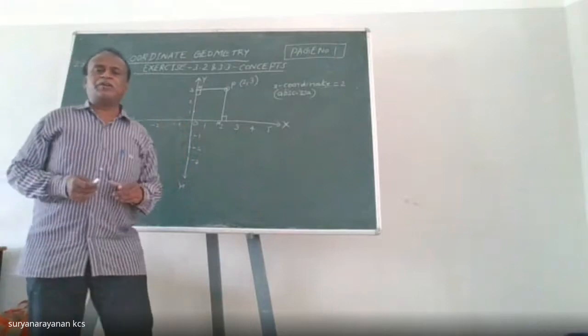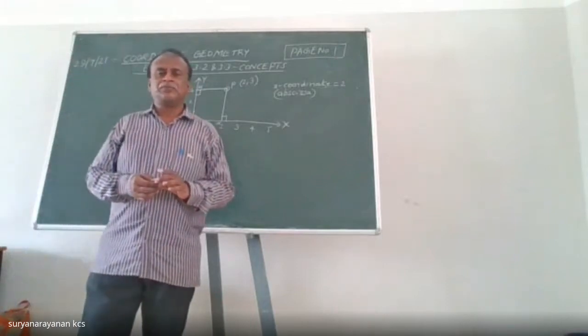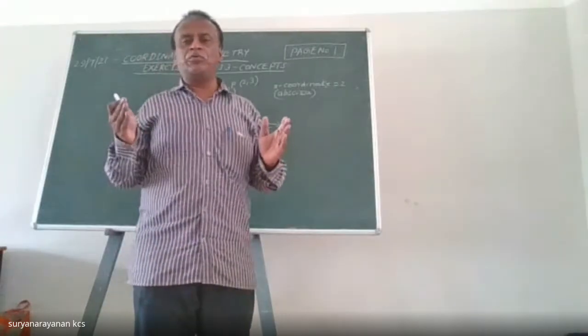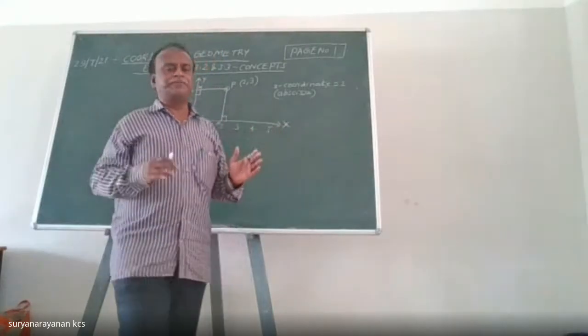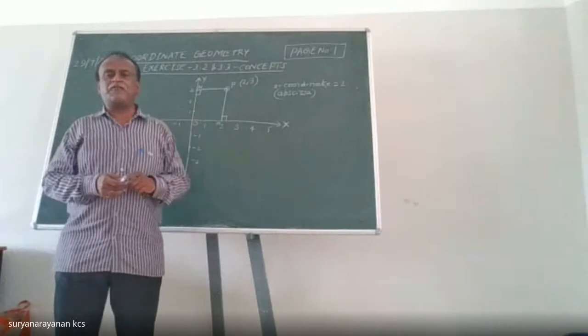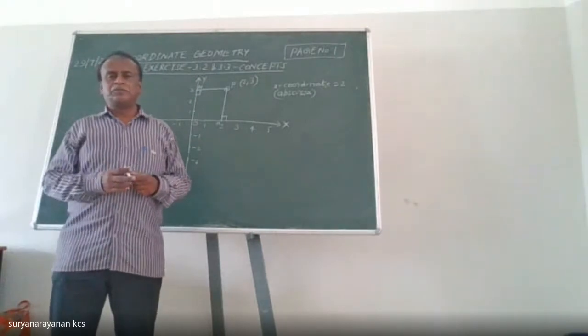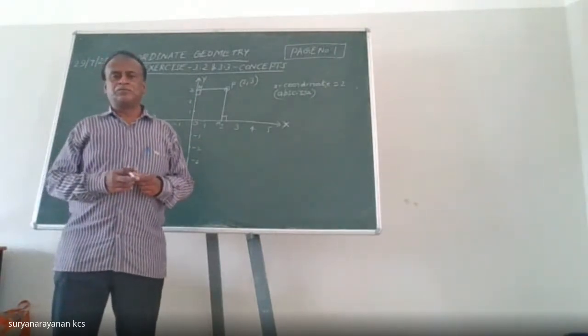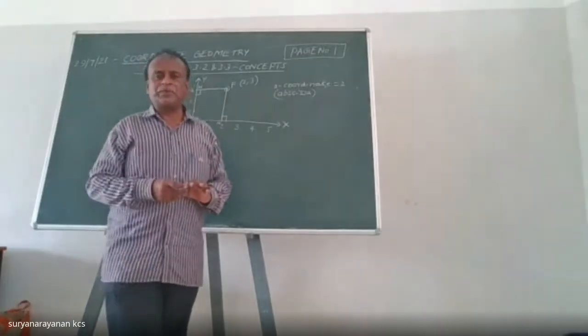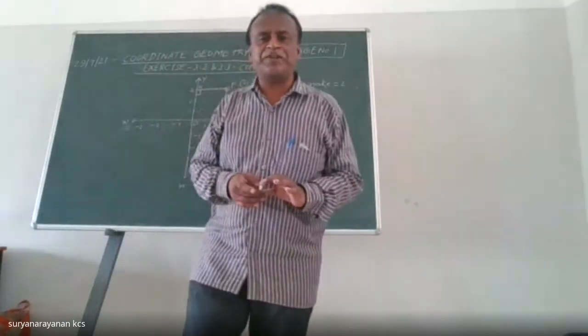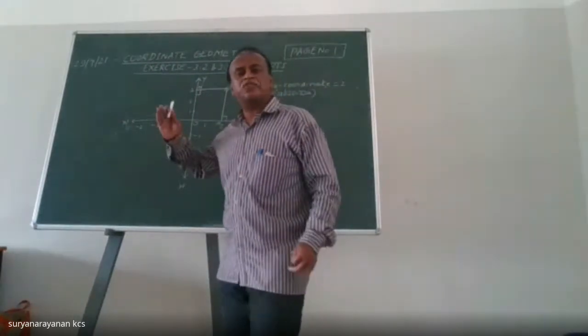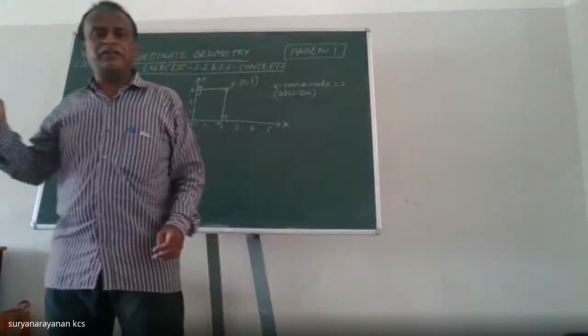Do you know what is meant by synonym? Sir, the one which has the same meaning. They give the same meaning. So what is the abscissa of point P? Sir, 2. 2 only, that's all. Understand this point very clearly. What is the abscissa of point P means what is the x coordinate of the point P.